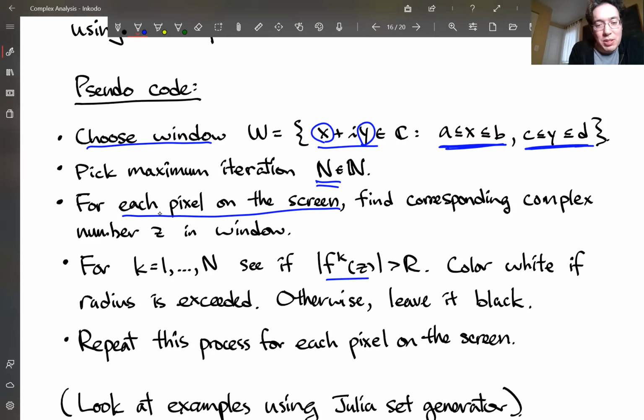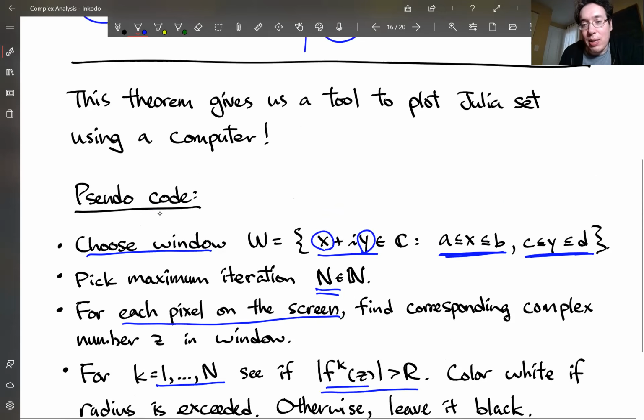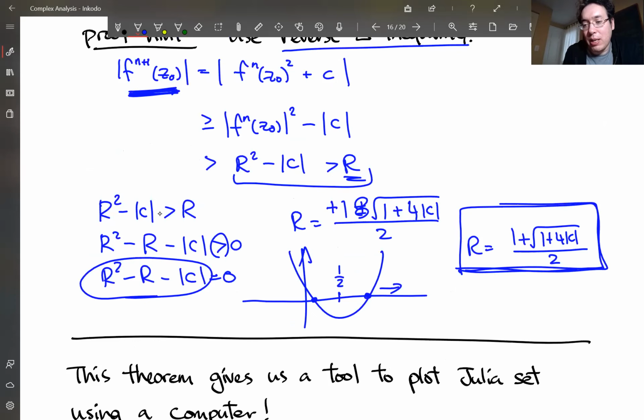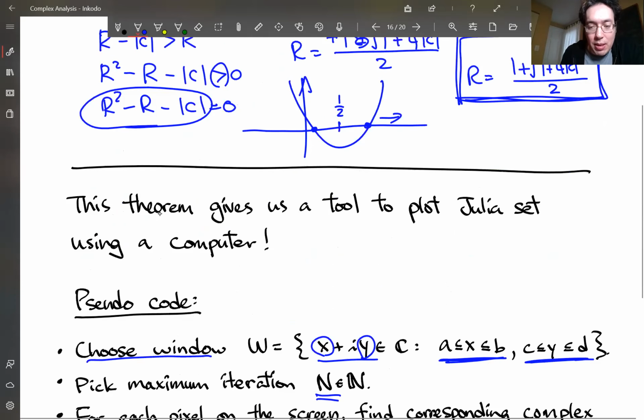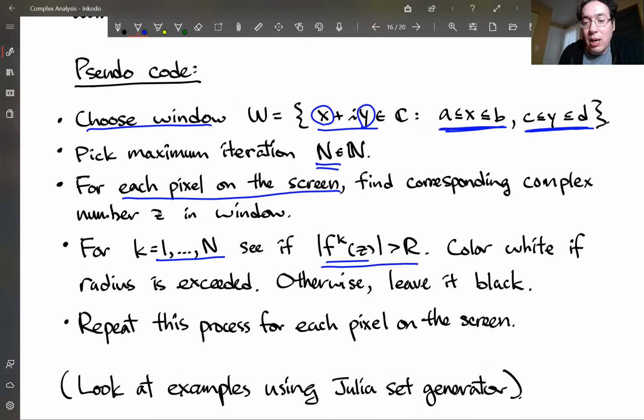You compute this number over and over, plug it into the same function, making sure that the radius is never too big, right? If it crosses this magical number radius, that's when you cut it off and say, well, this is going to go off to infinity, so I don't have to do any more computation, right? So if the radius is exceeded, let's say we call that pixel white.